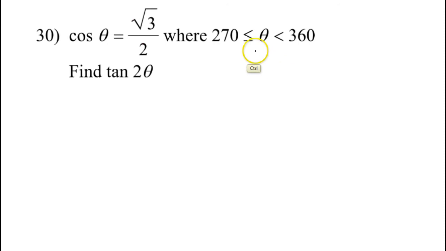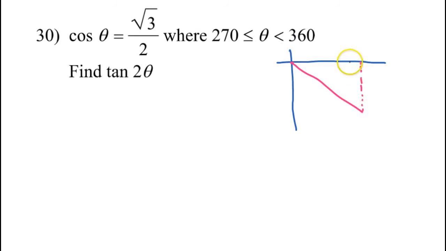All right, this is the last problem. Between 270 and 360, that is going to be the fourth quadrant. So go ahead and draw a sketch with the terminal side in the fourth quadrant and then make a triangle out of it. Radical 3 over 2 tells me that theta is one of my special angles.